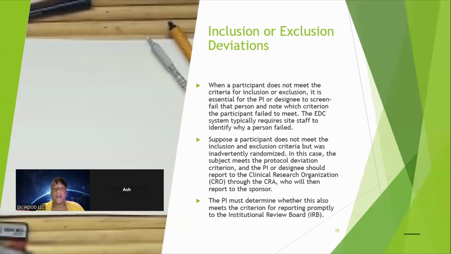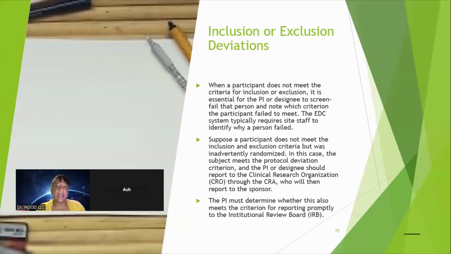Again, if the CRA sees that this is a site that's a repeat offender, this PI is constantly overlooking the protocol, overlooking the inclusion exclusion criteria, and just putting patients in because either he just wants to get paid or he just has disregard for the protocol, either way, he or she needs to be reported to the person above the CRA.